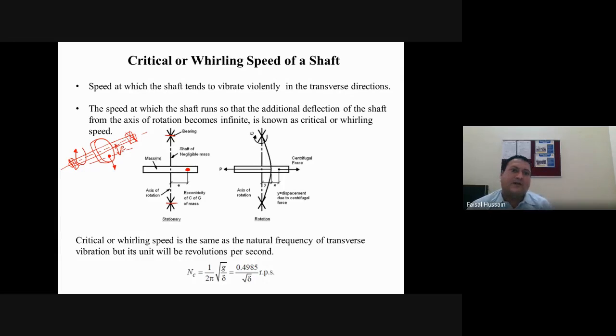Similarly, the speed at which the shaft runs so that the additional deflection of shaft from the axis of rotation becomes infinite, then it is known as critical or whirling speed.